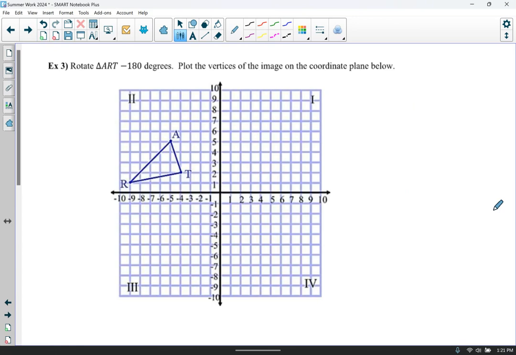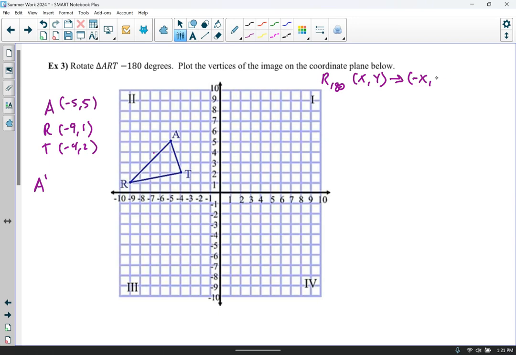So we're asked to rotate triangle ART 180 degrees and plot the vertices on the coordinate plane below. For me, looking at this problem, I'd first want to find all those coordinates of our pre-image. So I can see A is (negative 5, 5), R is (negative 9, 1), and T is (negative 4, 2). And then I can find the image points using our rule. We're asked to rotate 180 degrees, negative, which is the same as positive.